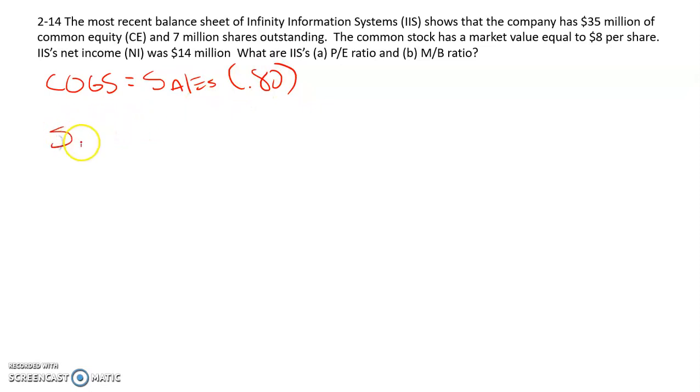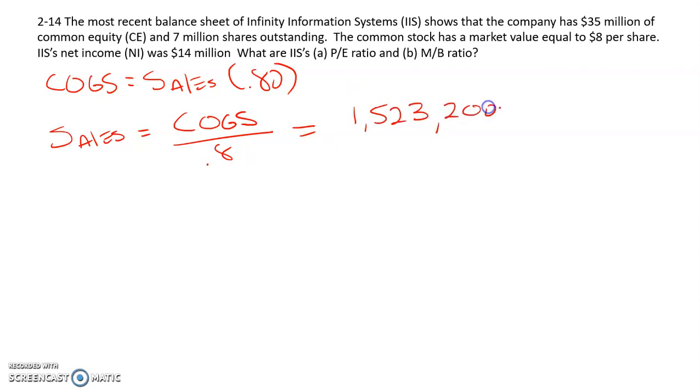So sales is equal to cost of goods sold divided by 0.8. So that's 1,523,200 divided by 0.8, and that's $1,904,000.